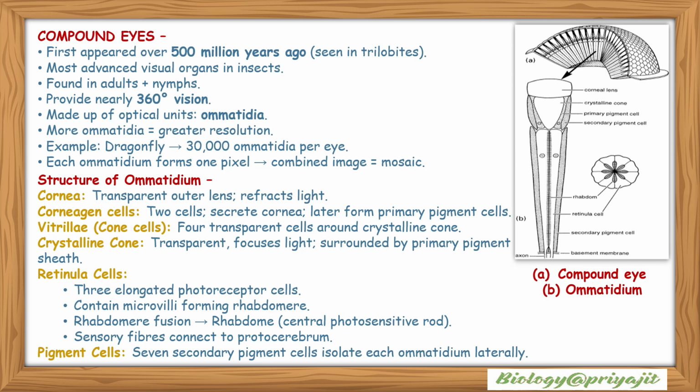Retinular cells, three elongated photoreceptor cells. They contain microvilli forming rhabdomeres, and rhabdomere fusion forms the rhabdom, which is a central photosensitive rod. Sensory fibers connect to the protocerebrum. Pigment cells, seven secondary pigment cells isolate each ommatidium laterally.